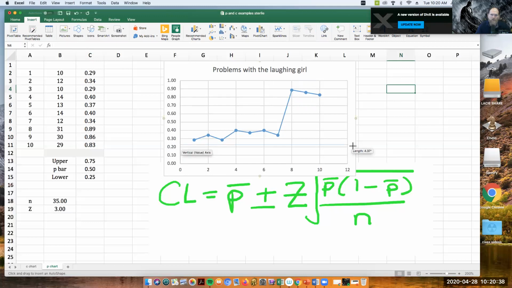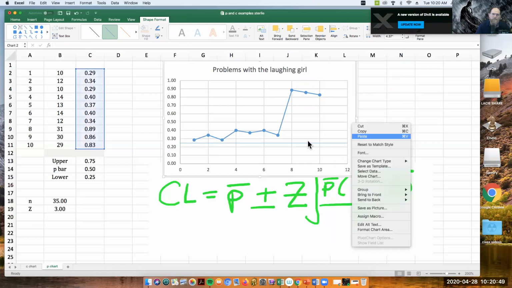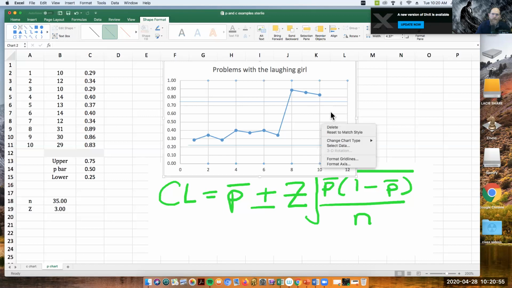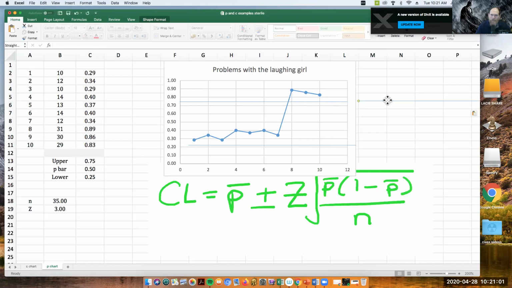Throw that lower control limit in there. That looks about right. Actually, should be a little bit higher. Good enough for now. Another one up here about there. And wherever that P is, 0.5, nice and clean right there. Again, I would ramp these up.